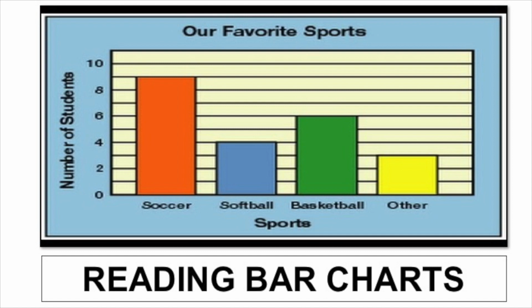And what we have here are the different sports: soccer or football, softball, basketball, and other sports. Yes, and then on this side, we have the number of students who like each of the sports. So you can see how a bar chart consists of various types of information. So now let's find out what those types of information are.